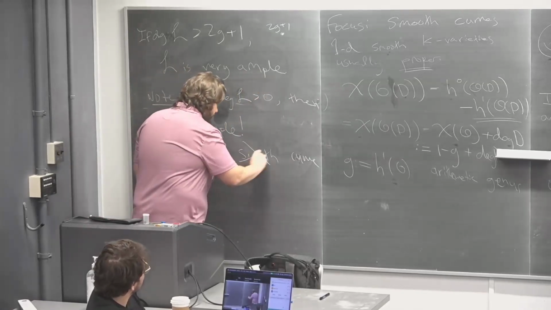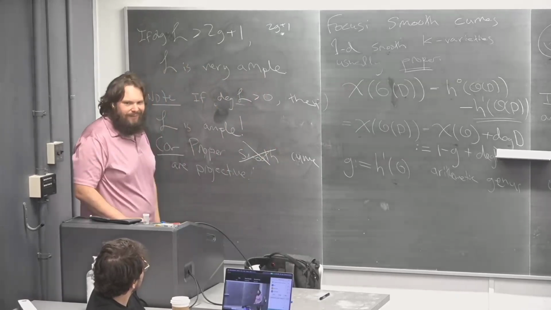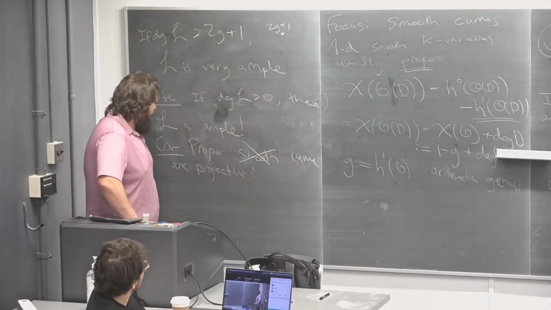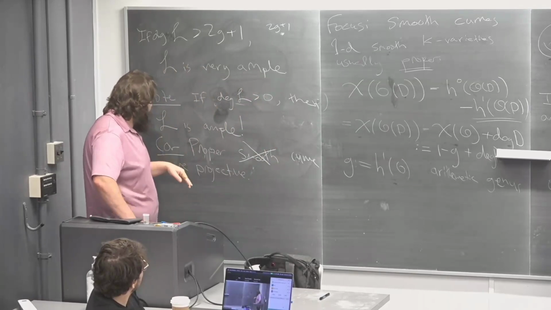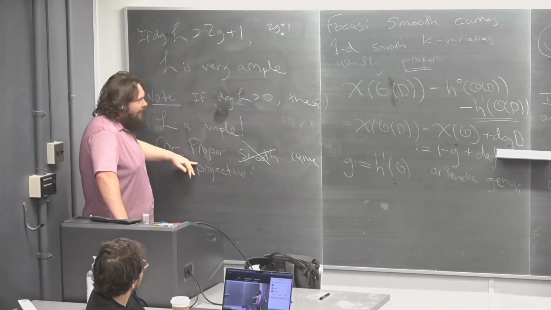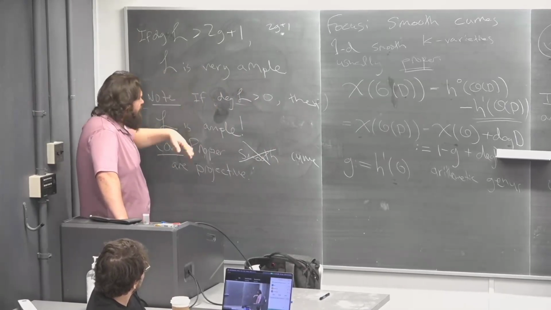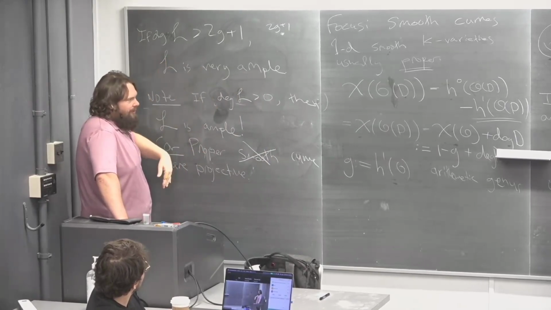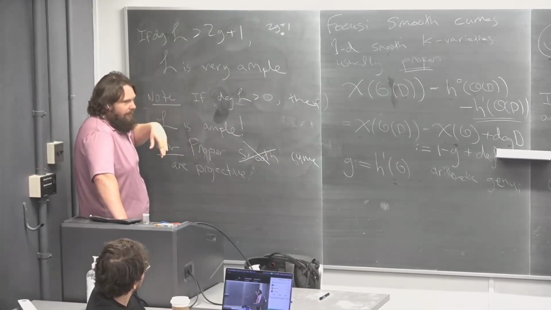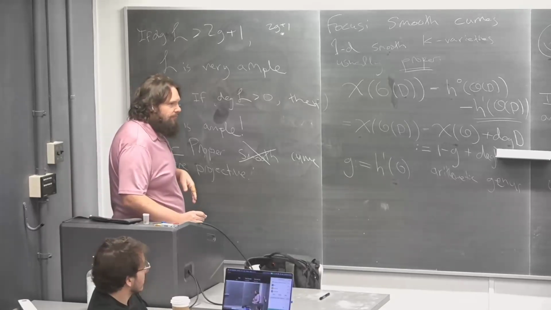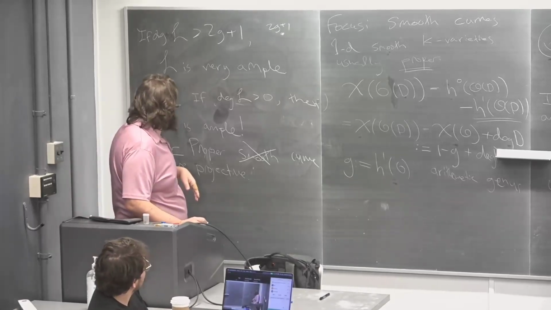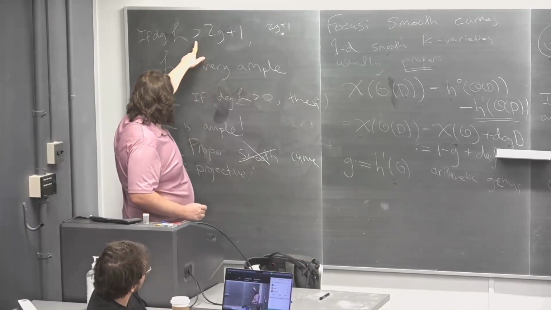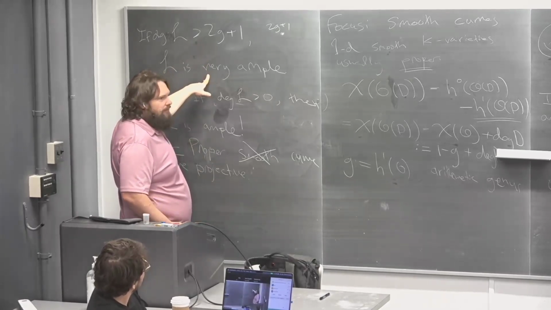And actually, I don't need smooth here. One way to see this is that there's always a finite map from a smooth curve to any curve, and if the pullback of a line bundle is ample, the line bundle was already ample downstairs. With 2g plus 1, then I'm very ample.